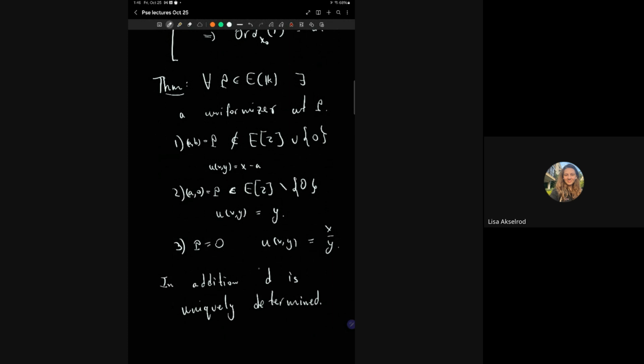So for any rational function R and any point, D is uniquely determined.